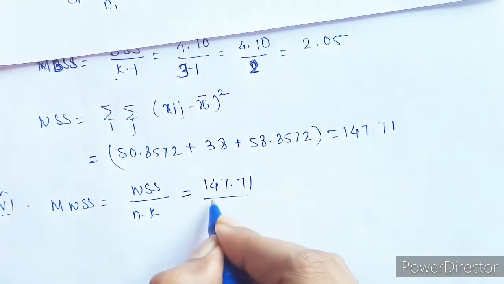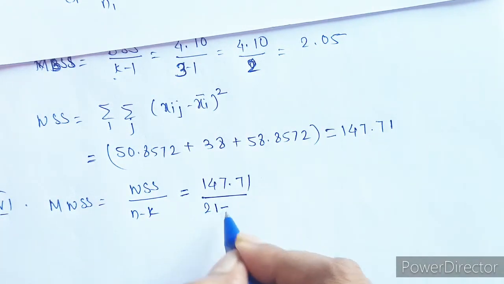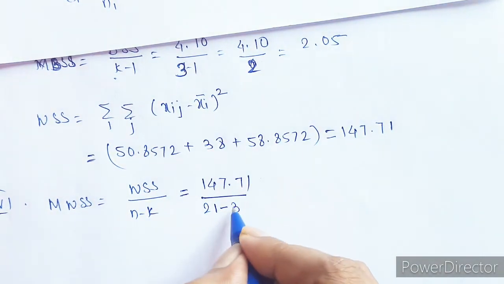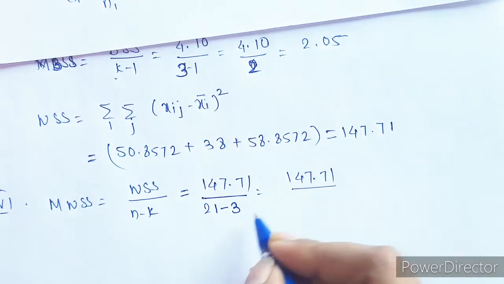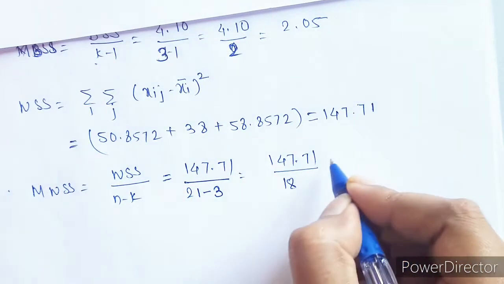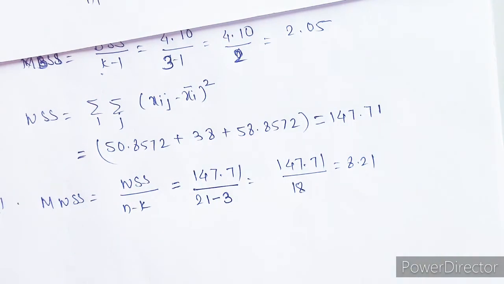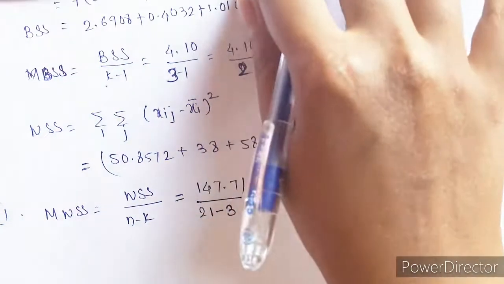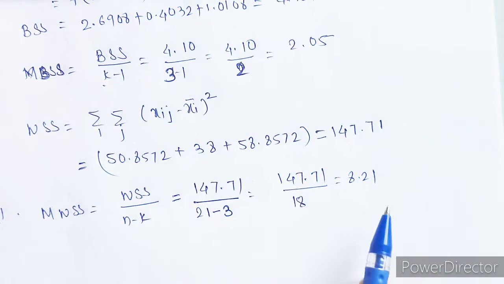Now n, that is the total number of terms, is 21 and the number of classes we have is 3. K is 3, so this will be 147.71 divided by 18, which is nothing but 8.21.